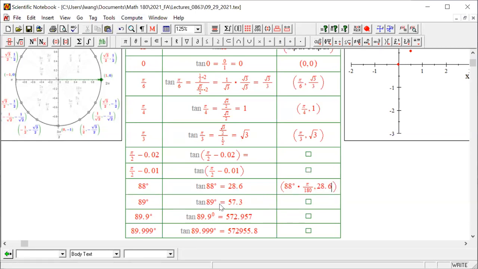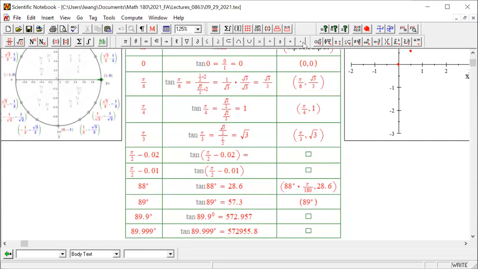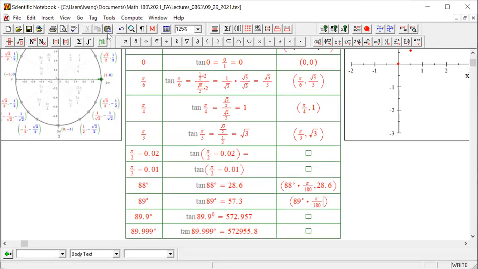For 89 degrees, you do the same thing. You also multiply pi over 180. That gives you the radian. And the output is 57.3.